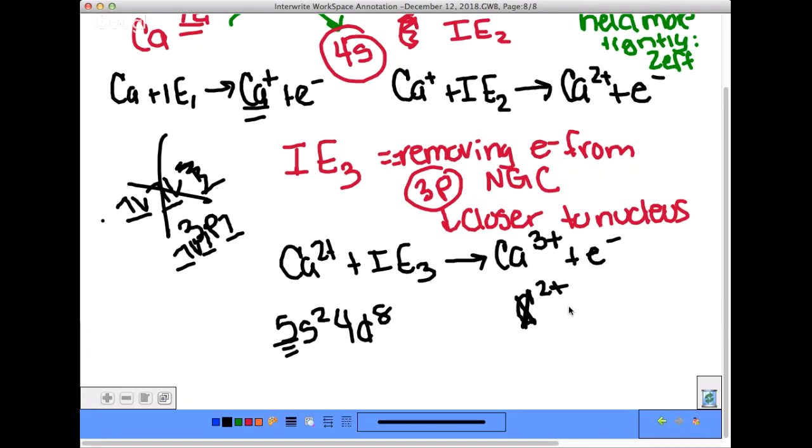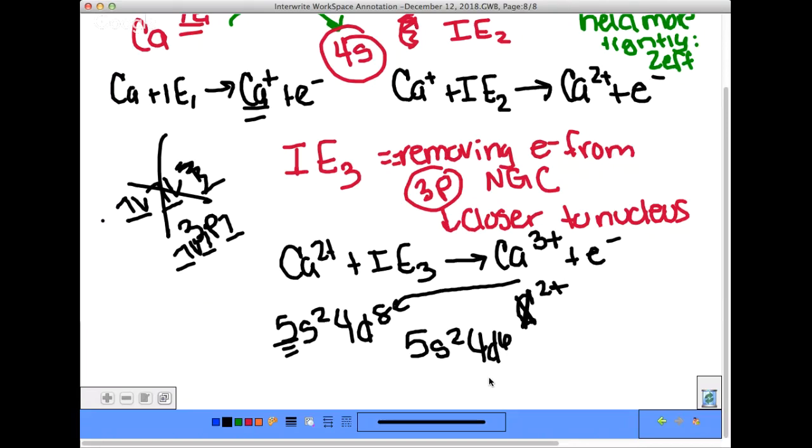Now if we look at this and ask which ones we remove, I have a hard time answering this one, because depending on what source you look at, I've actually seen two answers. So if you write either one, I will accept it. Say that you said 5s2 4d6.